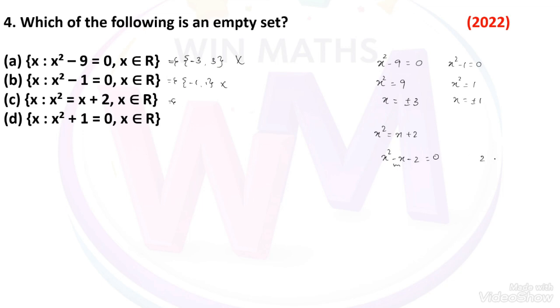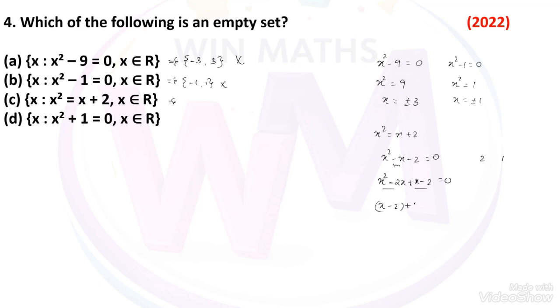That is 2 into 1, 2 ones are 2, 2 minus 1 will be 1. That's why it can be taken x square minus 2x plus 1x minus 2 is equal to 0.